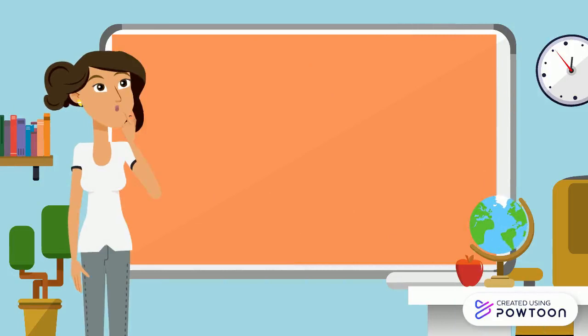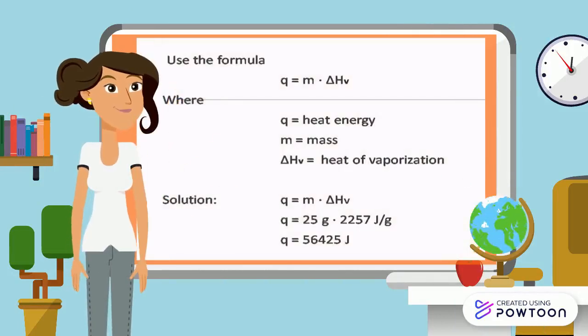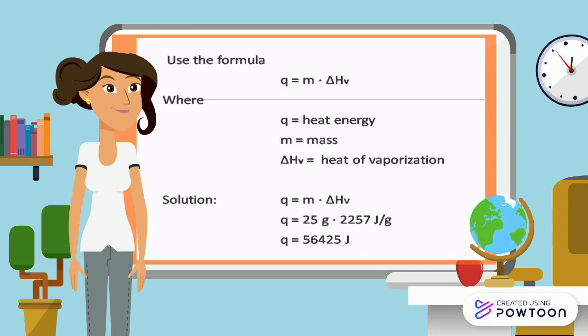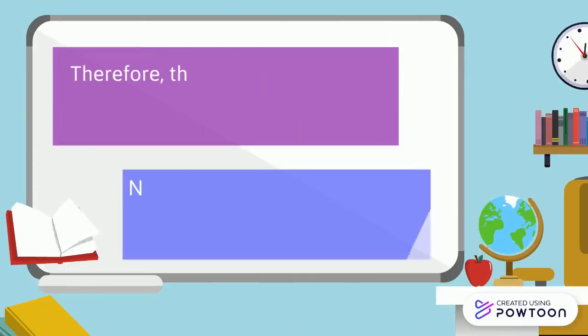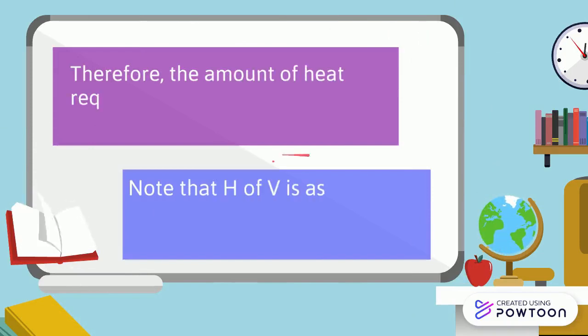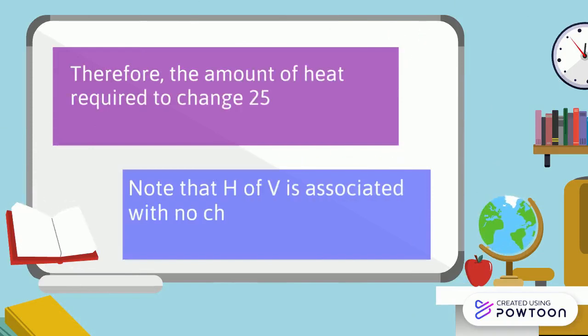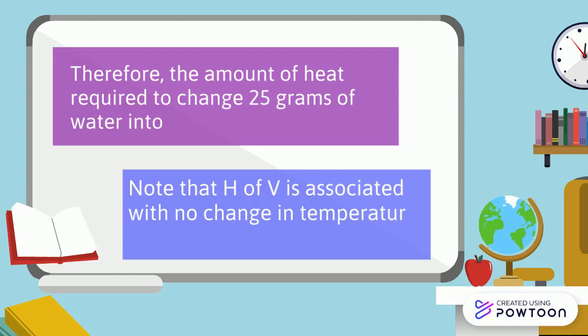For the solution, use the formula heat energy equals mass times the heat of vaporization, where 25 grams is multiplied by 2,257 joules per gram, which is equal to 56,425 joules. Therefore, the amount of heat required to change 25 grams of water into steam is 56,425 joules.